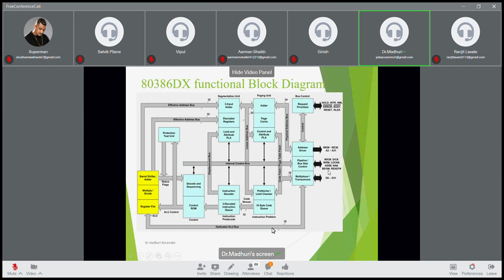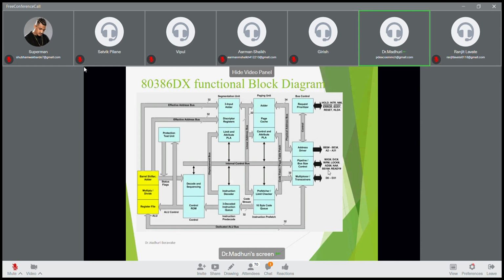Now, that part will be done by the CPU. That is, the instruction gets decoded and converted into the ASCII hex format. Now next is the memory management unit. Segmentation means what? It is a logical memory area, and paging is the physical memory area. These two units come into the memory management unit. The segmentation unit allows the conversion of logical address to a linear address.